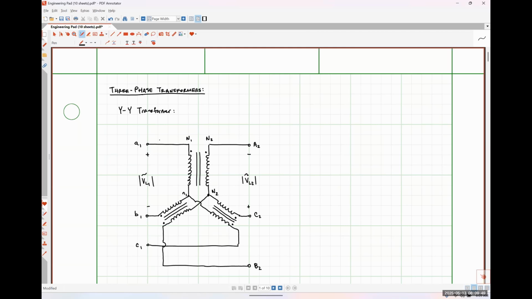This is going to be our primary line current. And this is going to be our secondary line current.